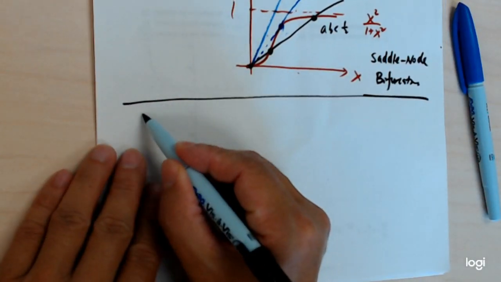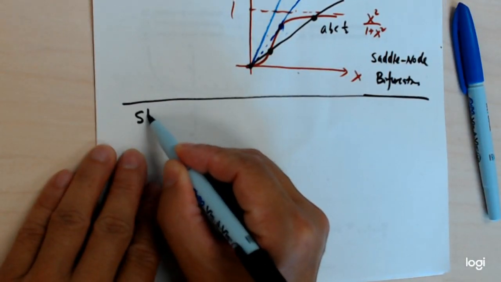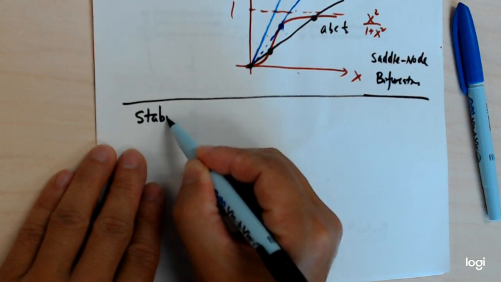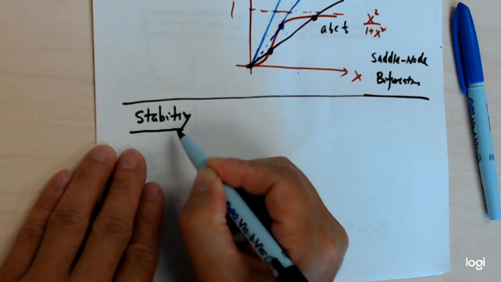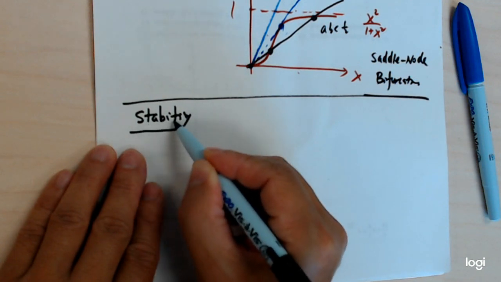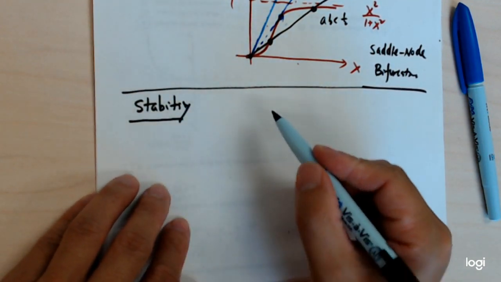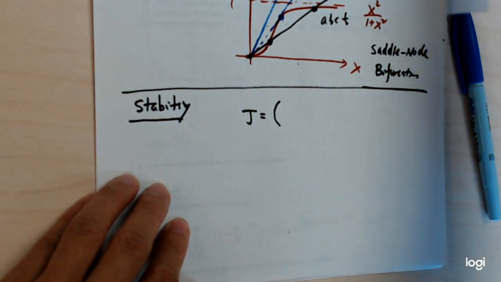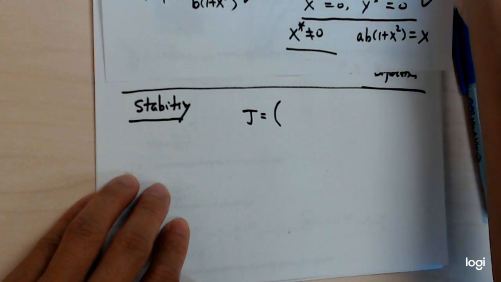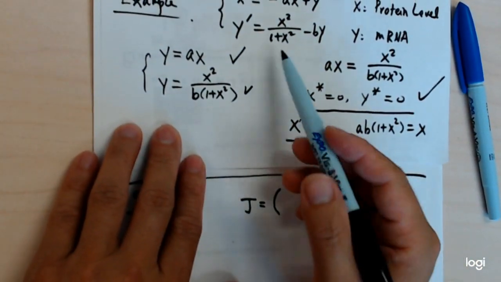To study the details of stability, we look at the Jacobian matrix.